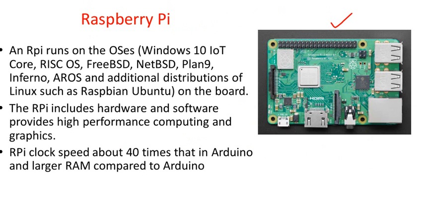If you look at the characteristic features, as I have just mentioned, it runs on the OSs Windows 10 IoT Core, RISC OS, FreeBSD, NetBSD, Plan 9, Inferno, AROS, and additional distributions of Linux such as Raspbian, Ubuntu on the board, right?